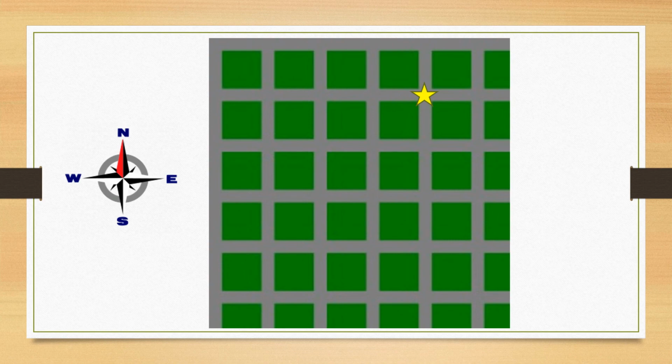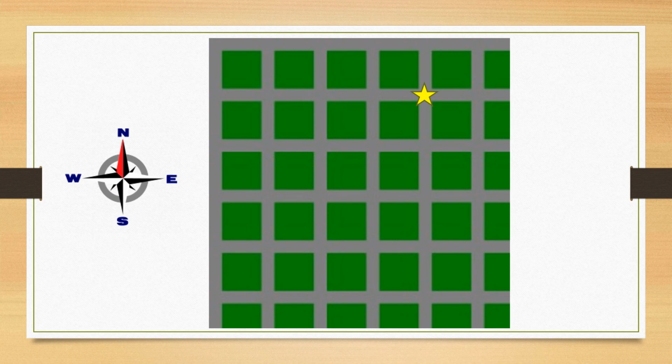All right. So here we have north, west, east, south. Now we're starting at the star right here, and I'm going to tell you in terms of west, north, south, and east, which way to go. Okay? So the first thing that you're going to do, starting from the star, is head west 2 blocks.